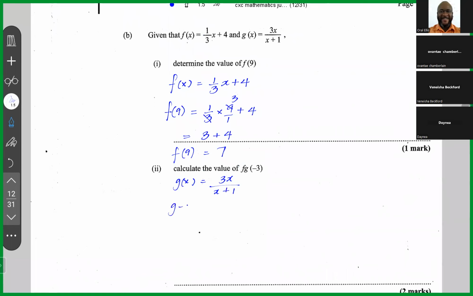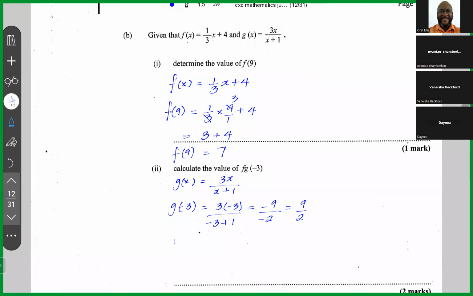G of minus 3, wherever I see x, I'm going to put minus 3. So it's 3 times minus 3 over minus 3 plus 1. Up top, I have minus 9. Down by the bottom, I have minus 2. And negative divided by negative is a positive. So this is a positive 9 over 2.